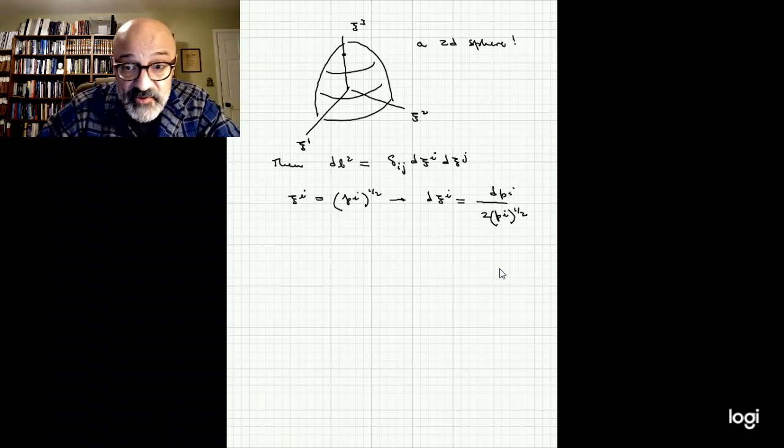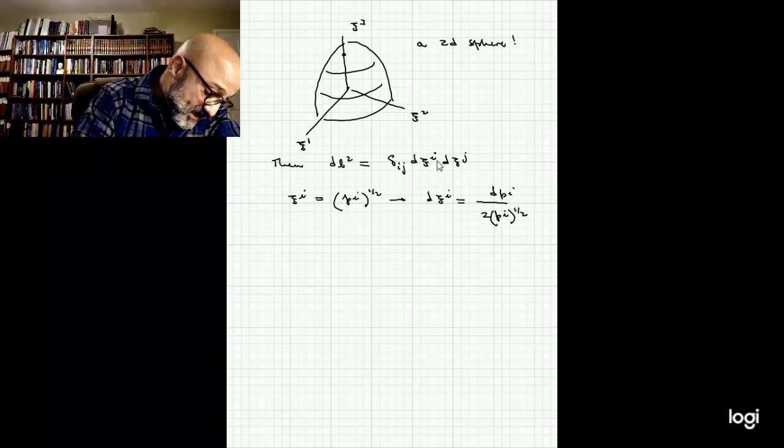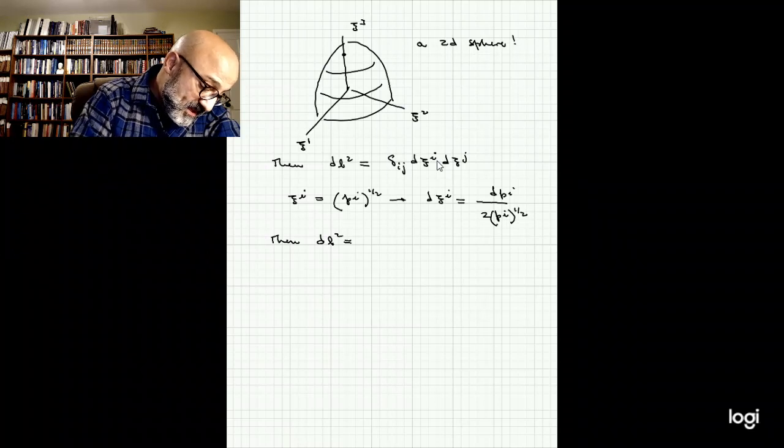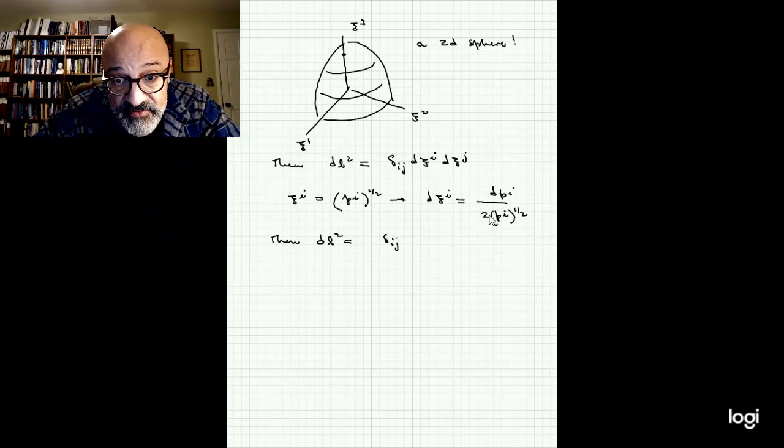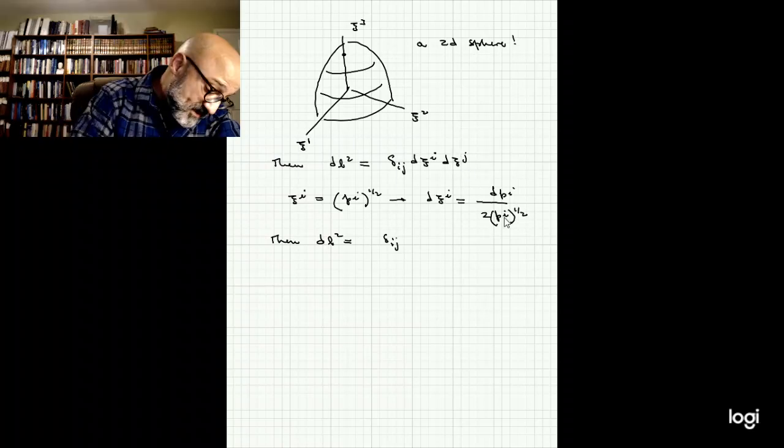And this is what I'm going to substitute back into dl squared. dl squared is going to be the δij. There is going to be a 1/2 from the first factor and another half from the second factor. So there is a 1/4.